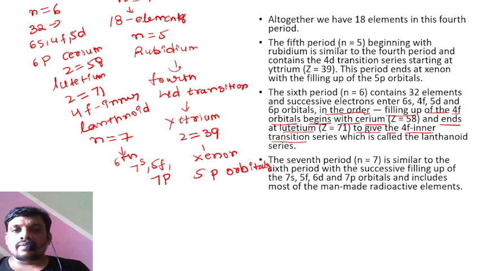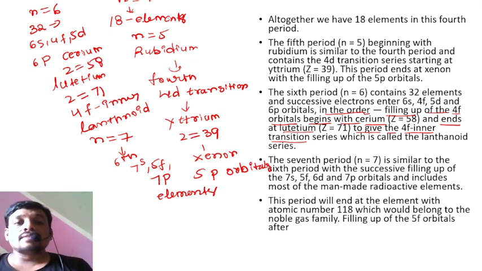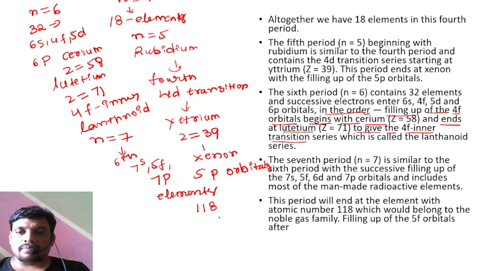In the seventh period, elements have radioactivity. What radioactivity is, and which elements participate in radioactive processes, we are going to see in further classes. This period will end at the element with atomic number 118, which belongs to the noble gas family.